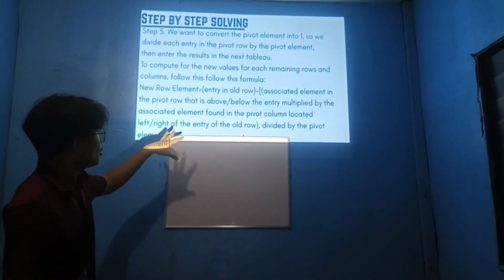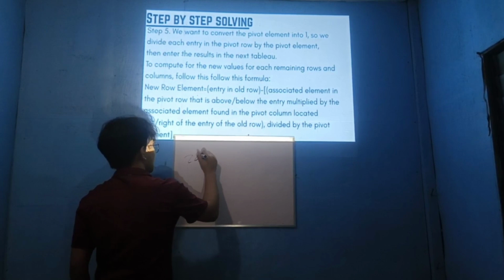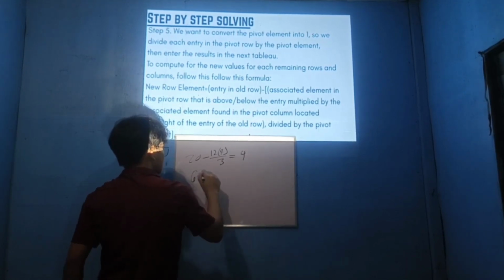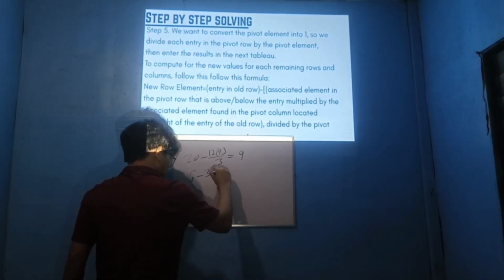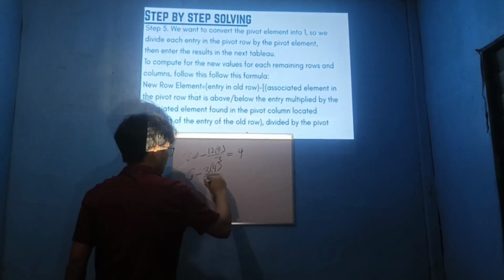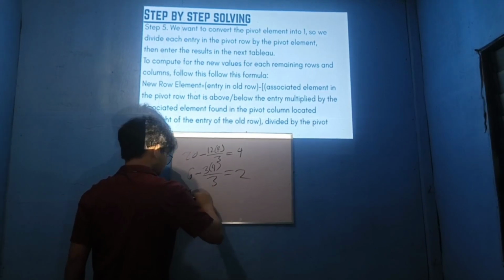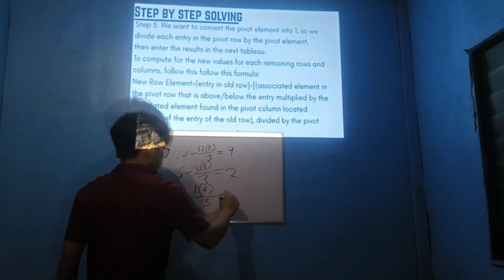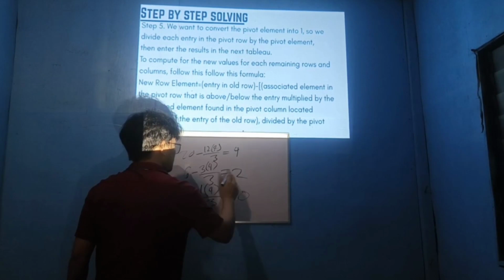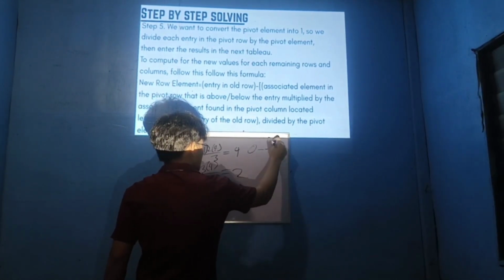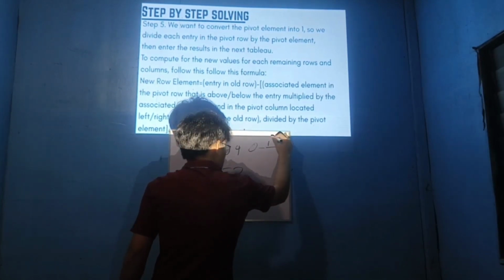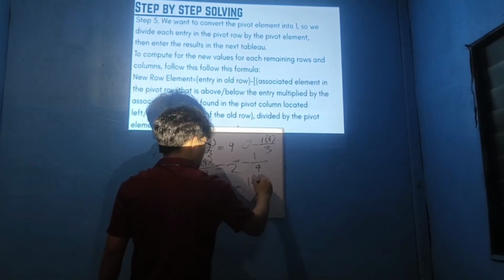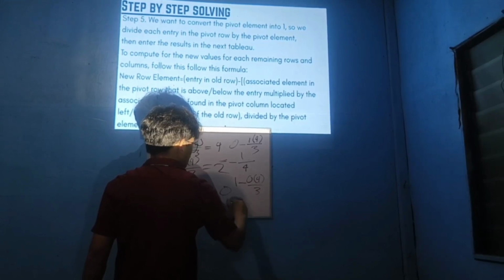For the remaining row, we need to use this formula. 20 minus 12 times 4 over 3 is equal to 4. 6 minus 3 times 4 over 3 is equal to 2, and 4 minus 3 times 4 over 3 is equal to 0, and 0 minus 1 times 4 over 3 is negative 1/4, and 1 minus 0 times 4 over 3 will be 1.